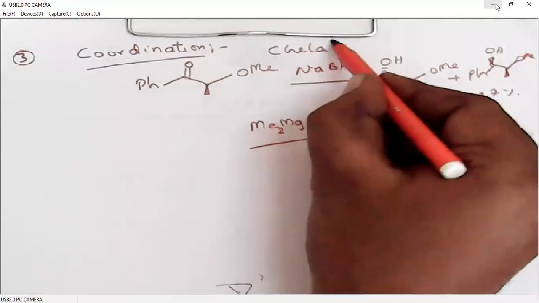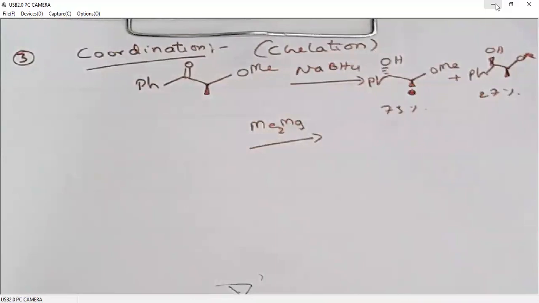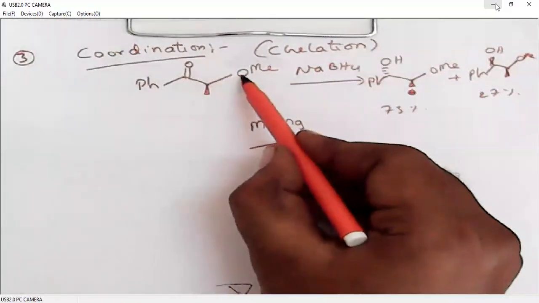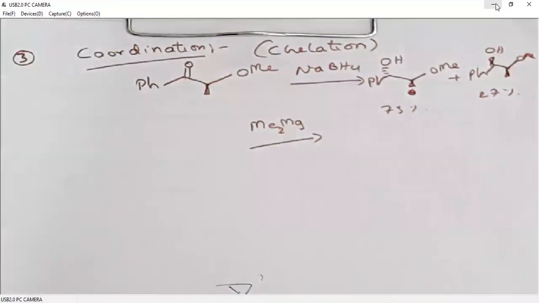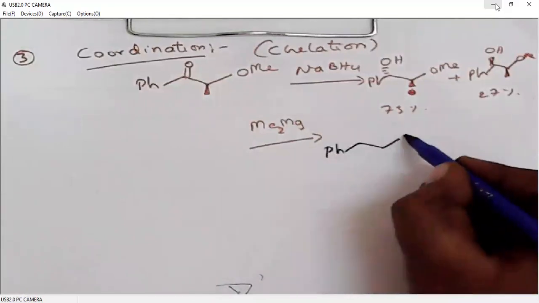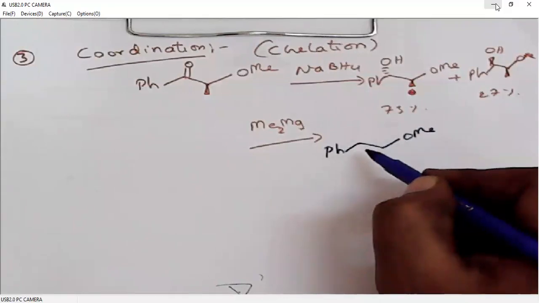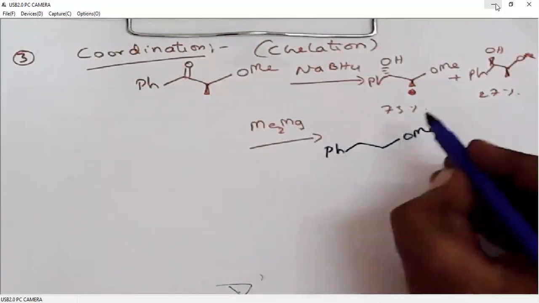This is called coordination or chelation. The magnesium is capable of chelating between this oxygen and this oxygen. So it will change the stereochemistry like this. So here the nucleophile is the methyl group.